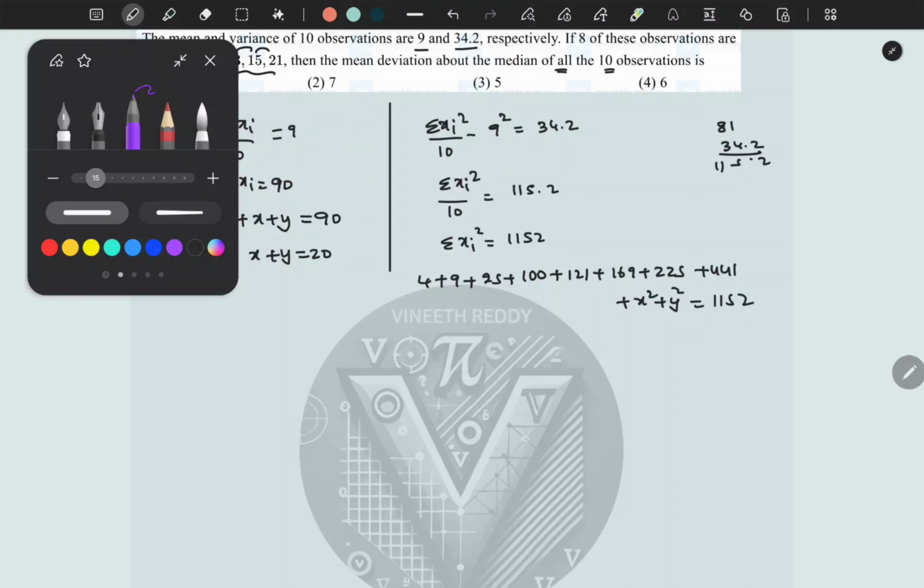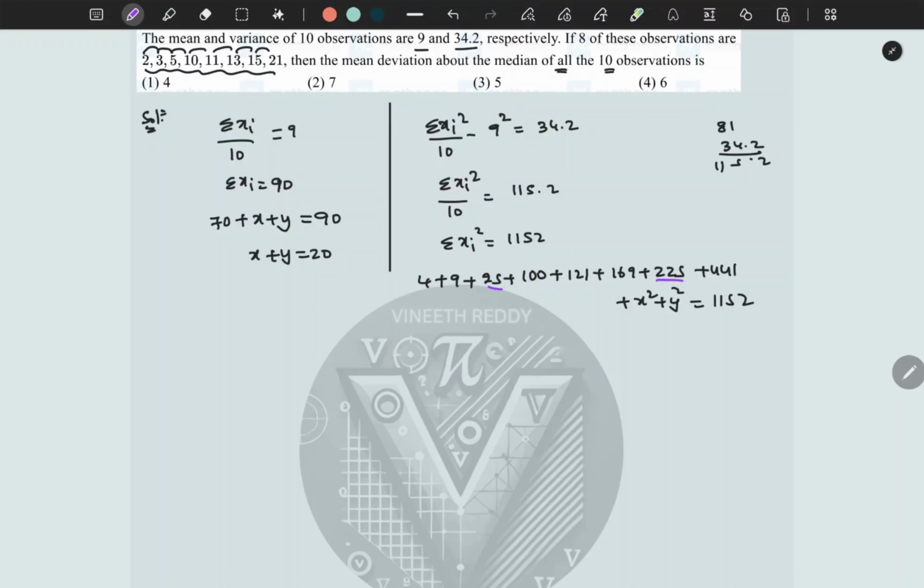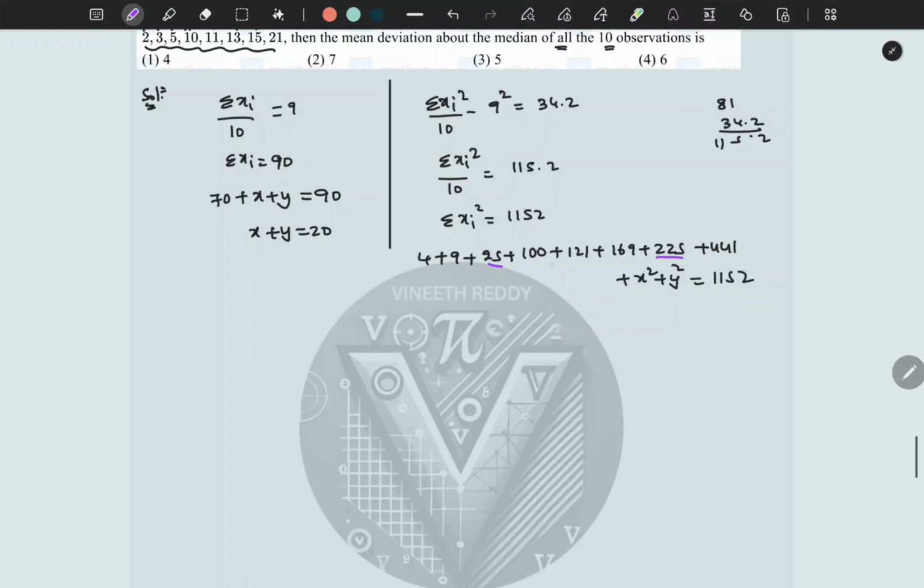So quickly, 225 plus 25 is 250, 250 plus 100 is 350, and 169 plus 121 is 290, right? This is also done. And then we have 9 plus 4, that is 13, and 441 plus 13 is 454, right?